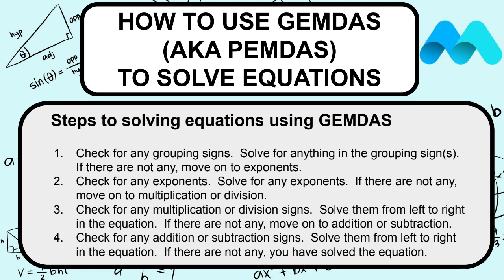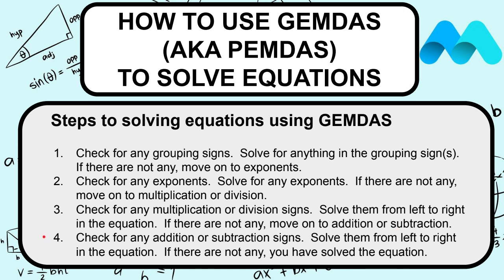And you kind of run through this mental checklist of GEMDAS in your head. Okay, I went through G, I went through E, I went through M or D, right? Step three, check for any multiplication or division. Solve for them from left to right. If there are not any, move on to addition or subtraction.